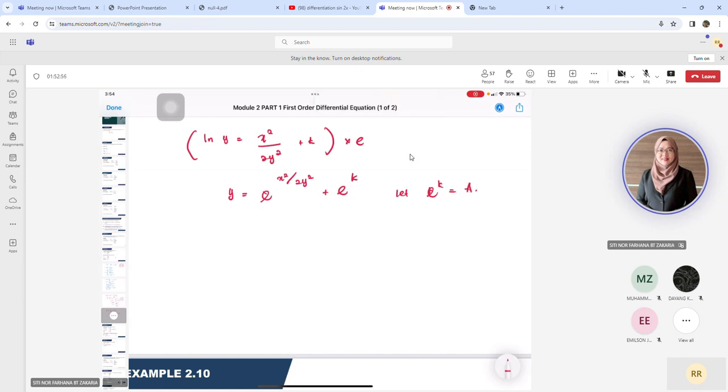So exponential plus exponential is actually multiply. So this one will become y equals to a exponential x power of 2 over 2y power of 2. So this is our general solution.